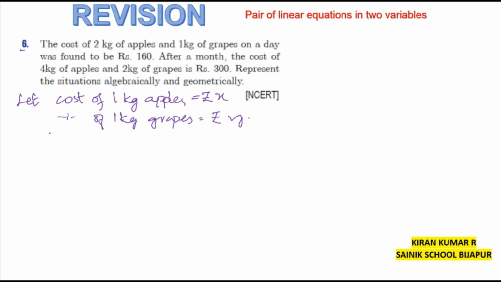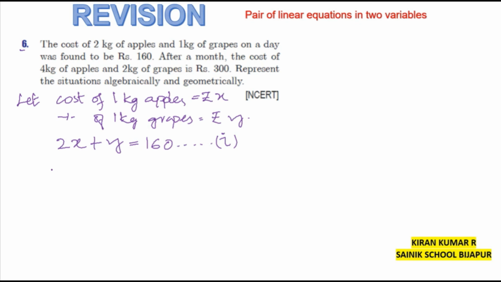According to the given condition, on a particular day, the cost of 2 kg apples and 1 kg grapes together was rupees 160. So 2 kg apples cost 2x plus 1 kg grapes cost y equal to 160. This is our equation 1.